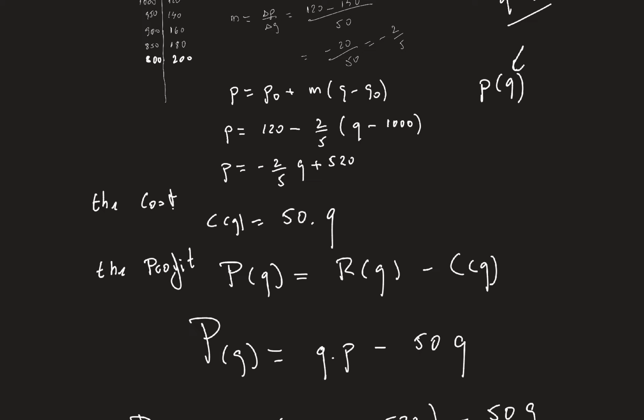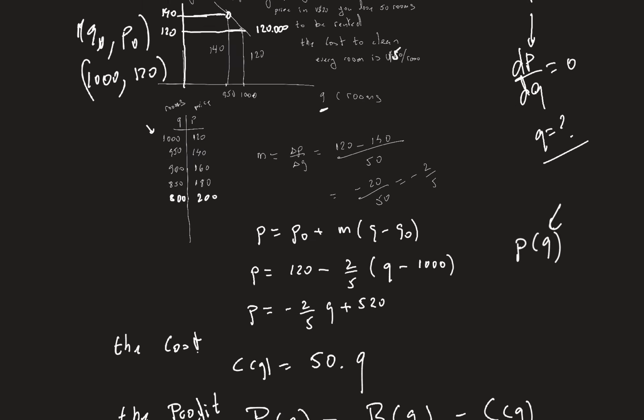So in this problem we create the profit function, the profit as a function of Q, the number of rooms occupied. The revenue is the money that goes to your pocket, and it depends where you are. Here, you will have $120,000 because you have 1,000 rooms fully booked, multiplied by $120 per room.